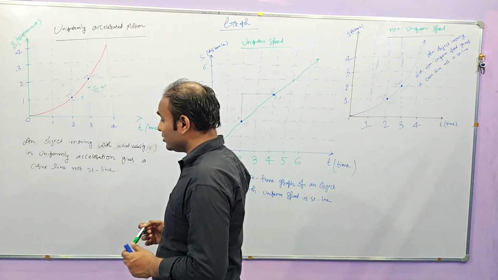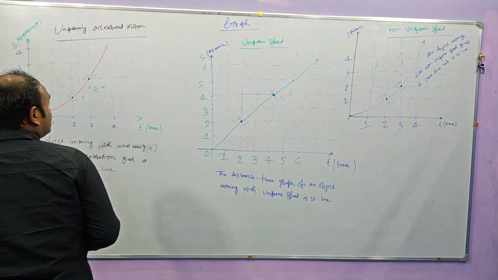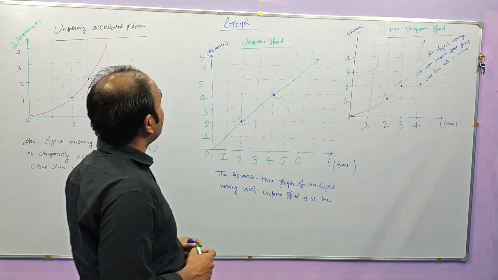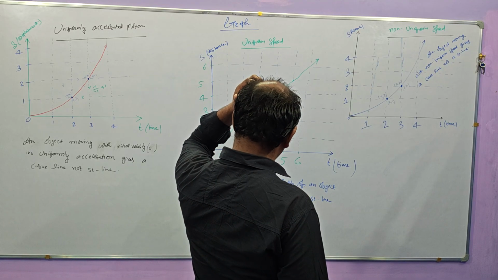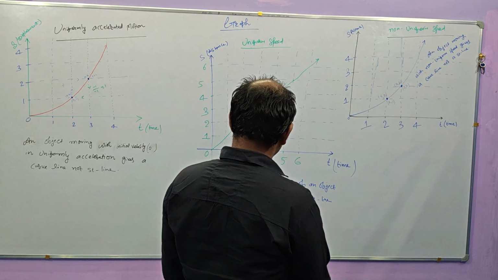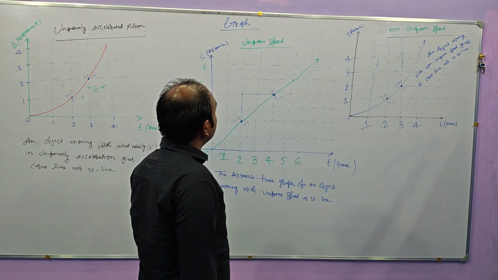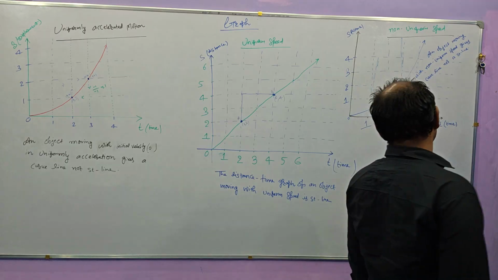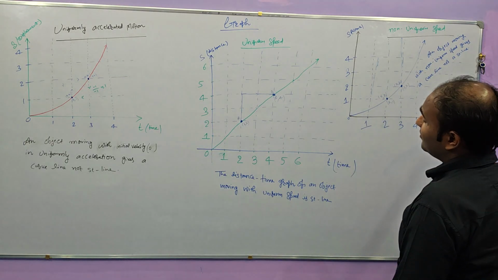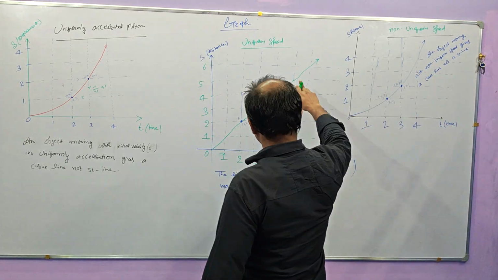When an object moves with a uniform speed, it gives a straight line like this.